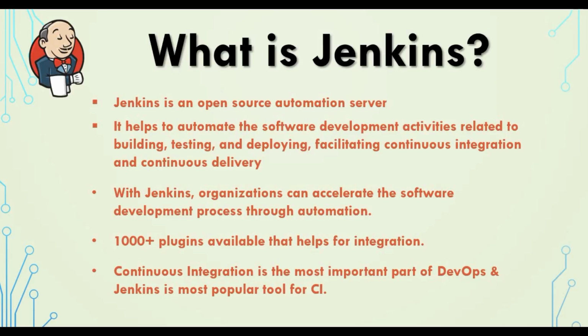And once you test it, you'll send it to the staging environment, then you will deploy it to production. All these stages have a lot of processes. So what Jenkins does is help us automate this whole set of software development activities, whether it's building, testing or deploying, and it does it by facilitating continuous integration and continuous delivery.